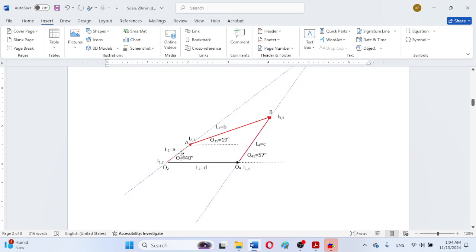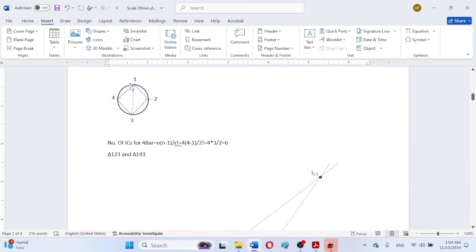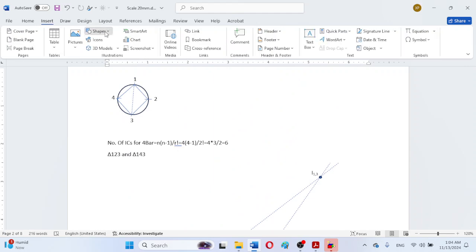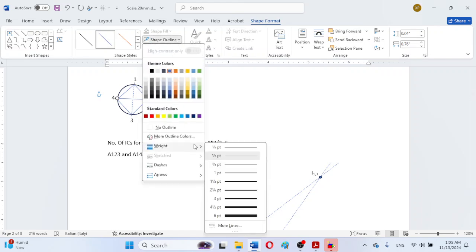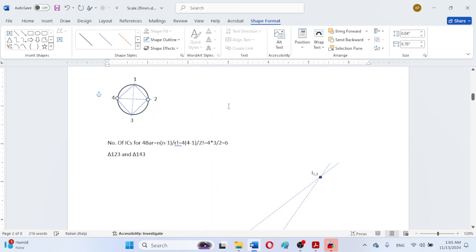So what we can do is draw another trio. For example, we can connect link number 2 and 4 like this. We can use a different pattern for this, for example a dash pattern like this.